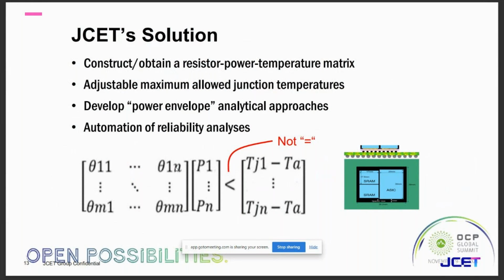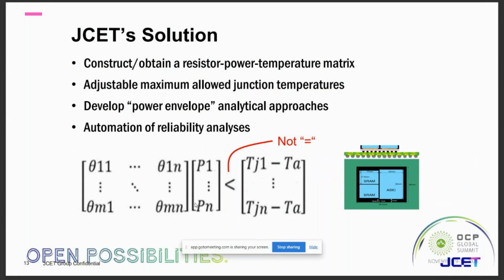Okay, this is a little bit difficult to explain. Basically, if you look at this equation, we have to solve it. And I mentioned that this one is not equal, it's basically less than. So you need to solve this equation.